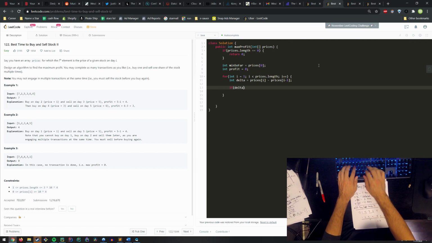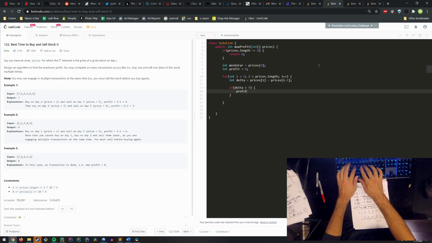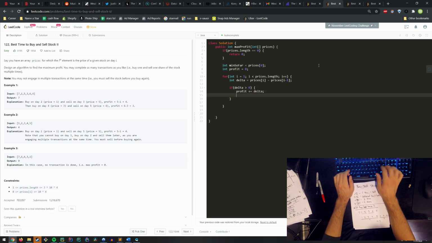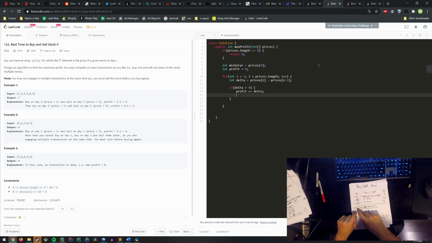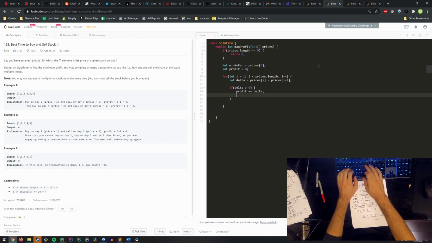But if the delta is positive, then we want to lock in that profit. So profit plus equals delta. And then we would want to update the min so far because we did a buy sell. Now that value we just sold at would be our new, essentially, potential next buy, our min so far. So we update that.